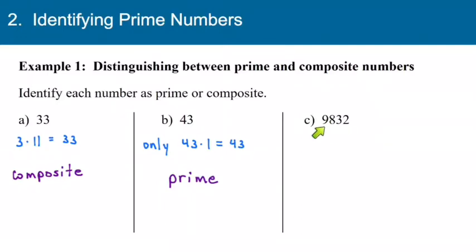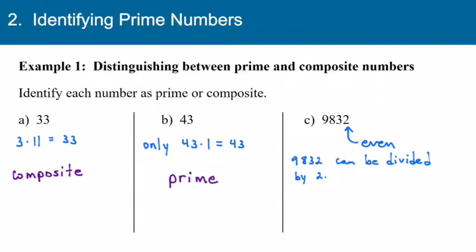And now think about a large number like 9,832. We don't have to know all the numbers that will go into this number in order to classify it as prime or composite. In this case, just because the number is even, I already know that 9,832 can be written as 2 times something. Now, we don't have to figure out what times 2 makes 9,832, but we certainly could figure that out.